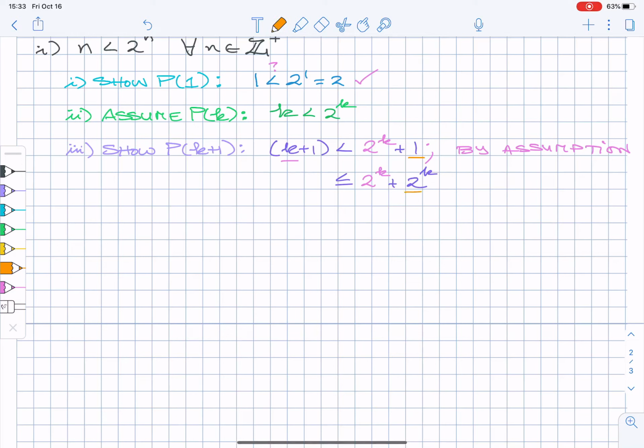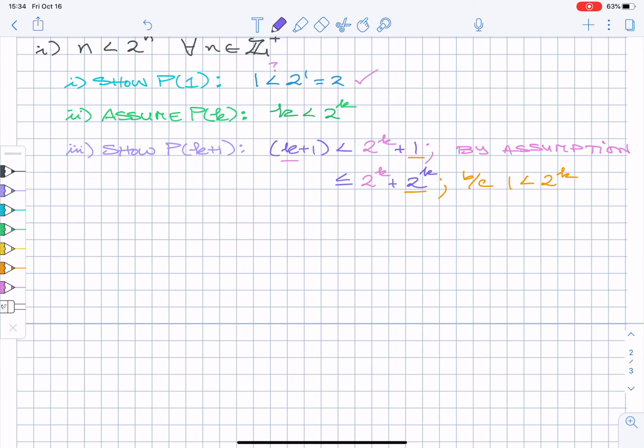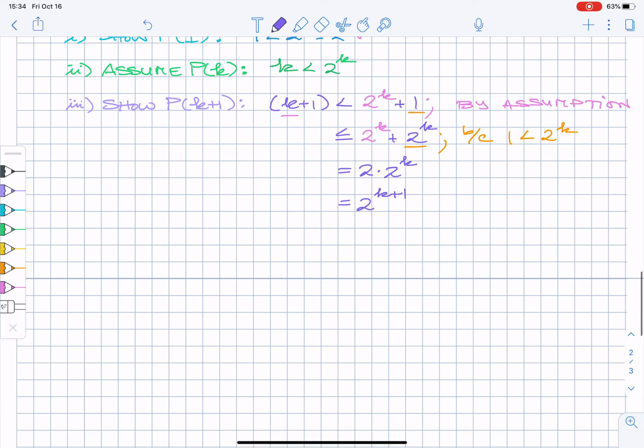Orange, so these two, and this would be because 1 is strictly less than 2 to the k. And there's a reason I specifically chose 2 to the k and not just 2. It's because of where I want to go with this. Well, what is 2 to the k plus 2 to the k? Well, I claim that that's 2 times 2 to the k. And that is 2 to the first plus 2 to the k, which is 2 to the k plus 1.